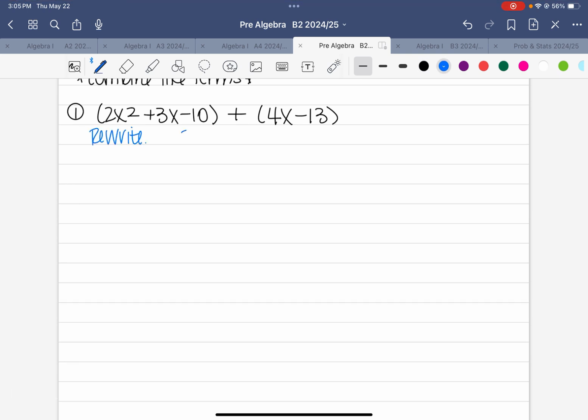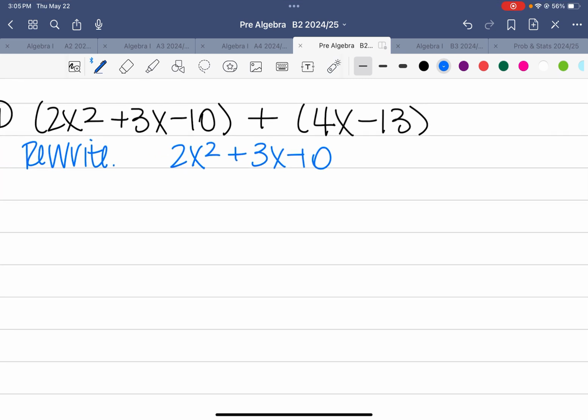I'm going to rewrite 2x squared plus 3x minus 10, because that is in the correct order. Who am I going to put that 4x under? My 2x squared, my 3x, or my 10? I'm going to put a positive 4x underneath my 3x. Again, I'm trying to align my terms that look the same.